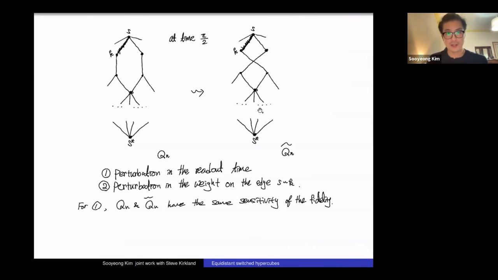Let me remind you of our particular edge, which is here. There's an equidistant matching, and then we switch them. Here we focus on this edge, which is involved with equidistant switching and is adjacent to the vertex which exhibits PST.